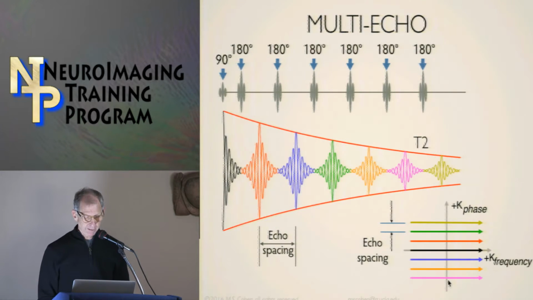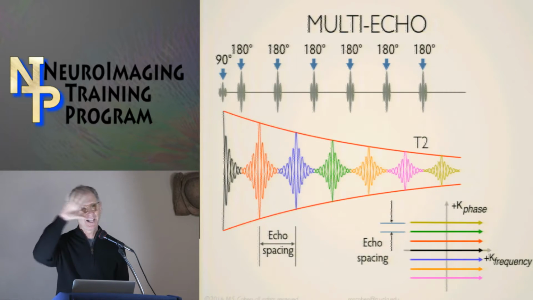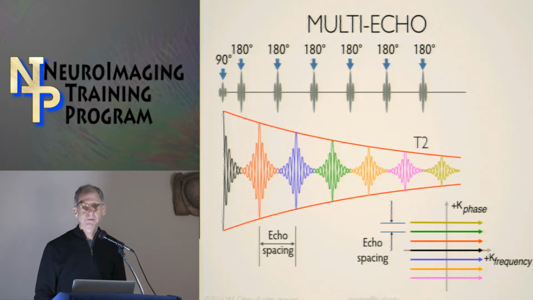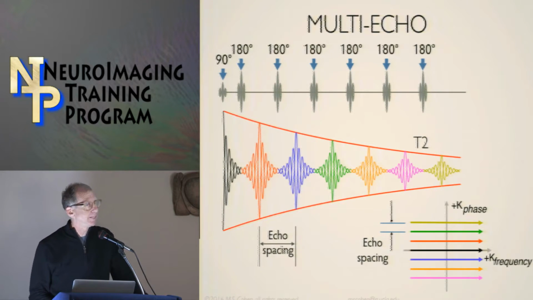For example, in a 7 echo series like this, you can get 7 lines of raw data acquired per TR. So now the scan time becomes the TR times the number of lines divided by the number of echoes. So if you have 12 echoes, you end up with a 12 times speed improvement in these scans.